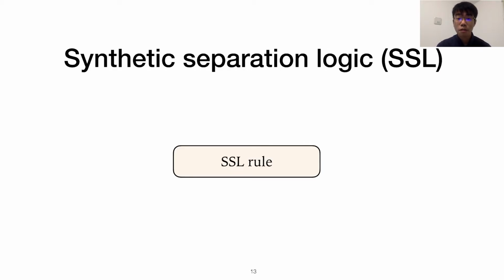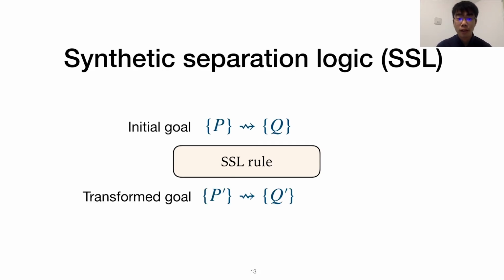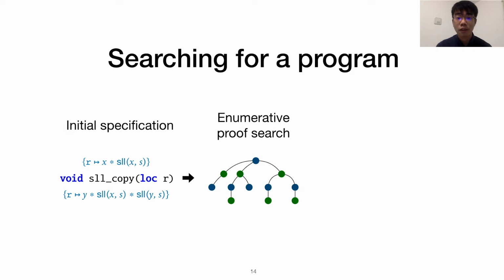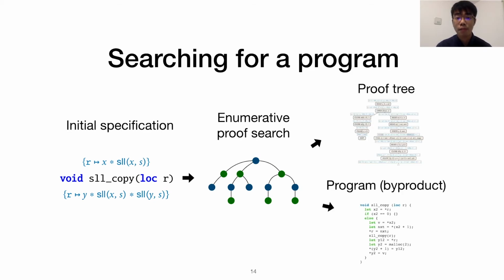Syslic operates in the logical framework of synthetic separation logic, or SSL. An applied SSL rule transforms a synthesis goal into another one, while also emitting a residual program statement. Syslic synthesizes programs by enumerating the search space of SSL rules until the goal is reduced to a trivial entailment and a program is found as a byproduct.